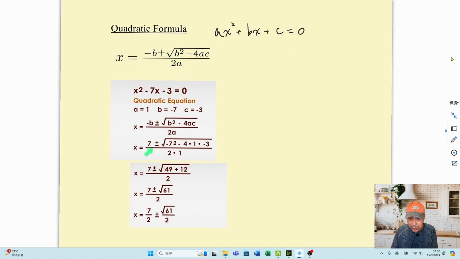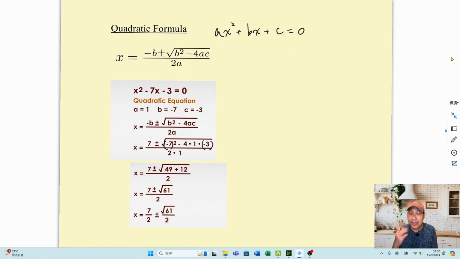Negative b, so negative 7 becomes 7. And then b squared, actually we should use brackets. b squared minus 4 times a times c. a is 1, c is negative 3. Once again, we should use brackets.